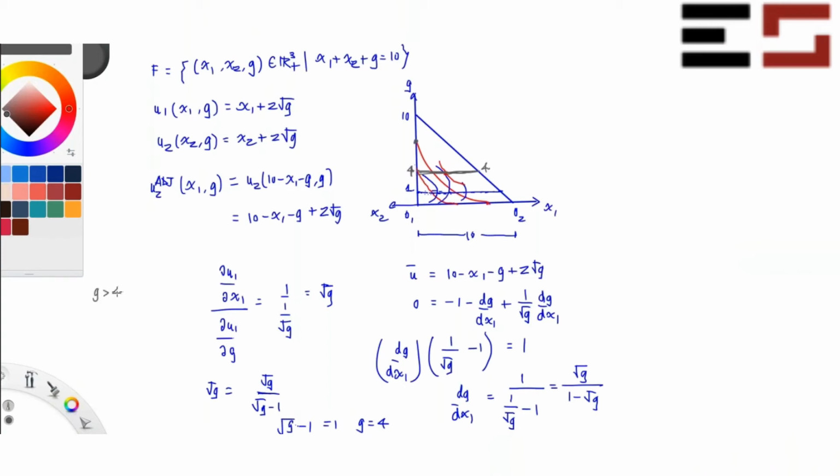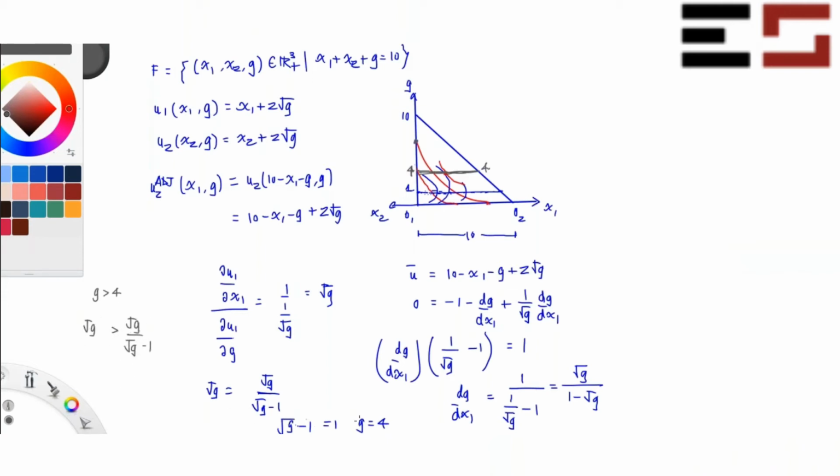G is greater than 4, right? So notice that this and this, if we just compare these two, let's see when this is bigger than this. Okay, fine, so let's just solve this.